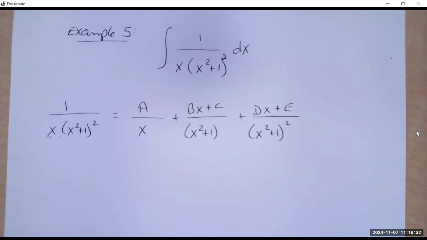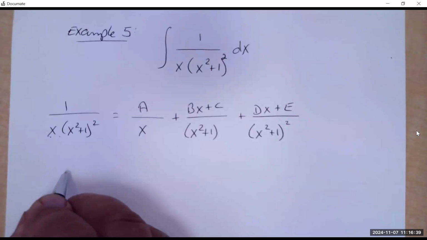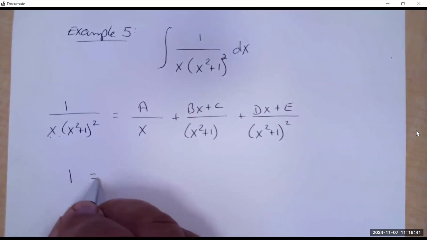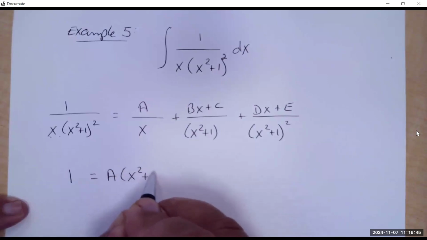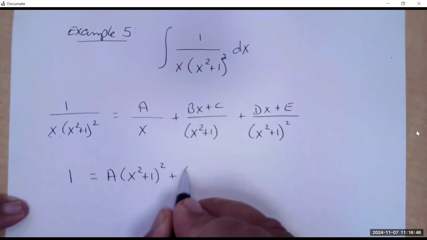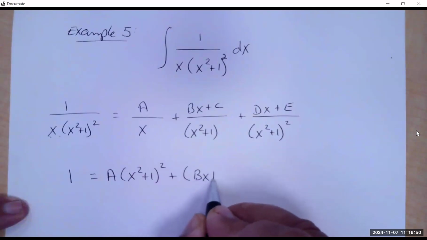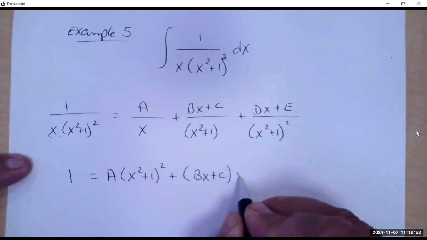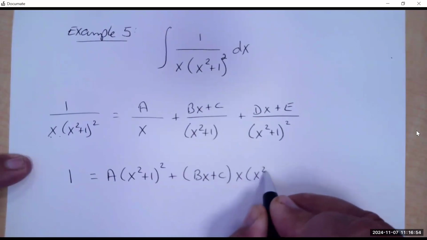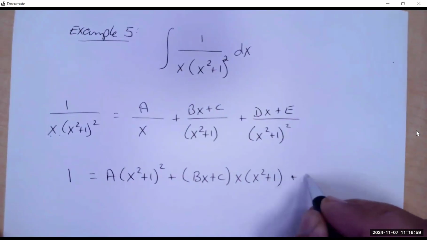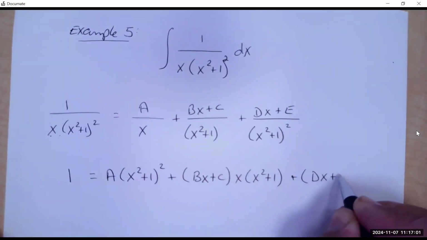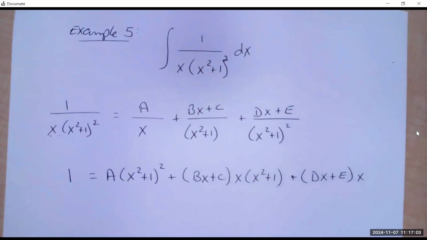Now we have to do everything we did in the past. Multiply by the LCD. So you get 1 is equal to A times x squared plus 1 squared, plus Bx plus C times x squared plus 1, plus Dx plus E times x.